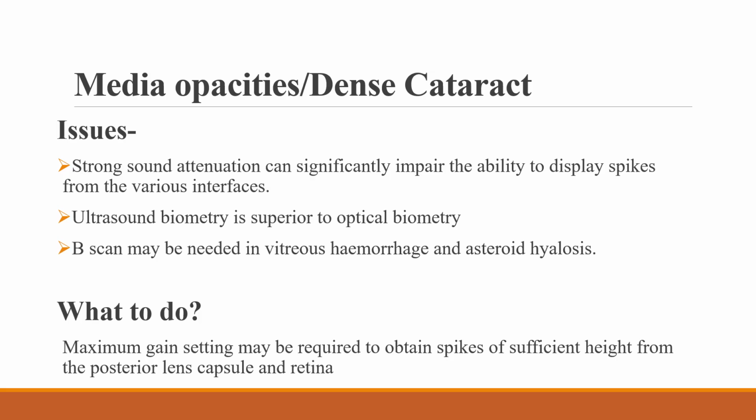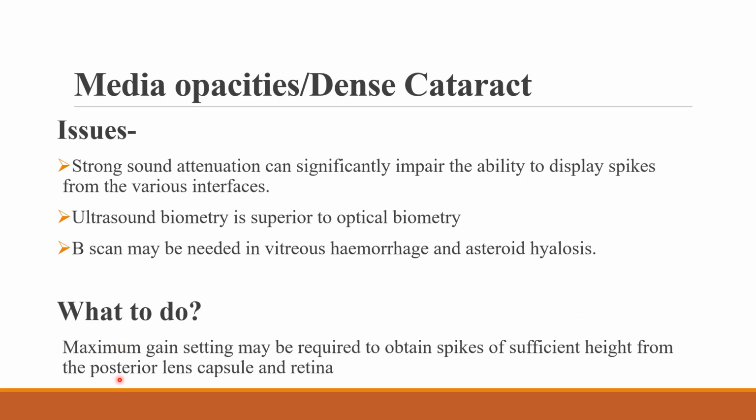In case of media opacity or dense cataract, the issue is that strong sound attenuation can significantly impair the ability to display spikes from the various interfaces. Ultrasound biometry is superior to optical biometry. B-scan may be needed in vitreous hemorrhages and asteroid hyalosis.